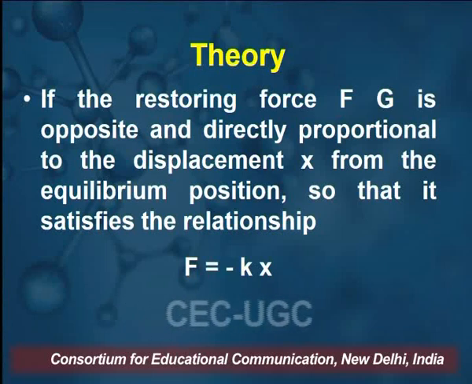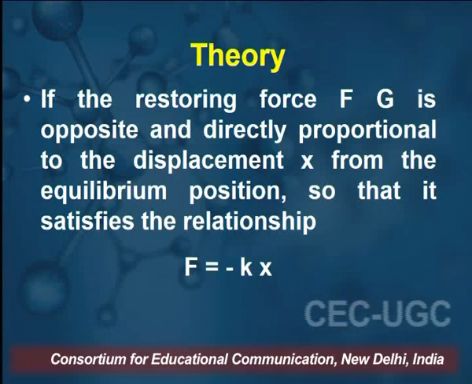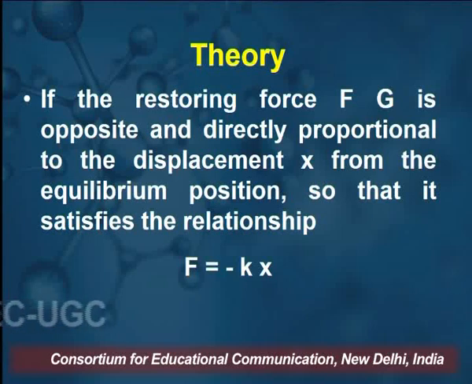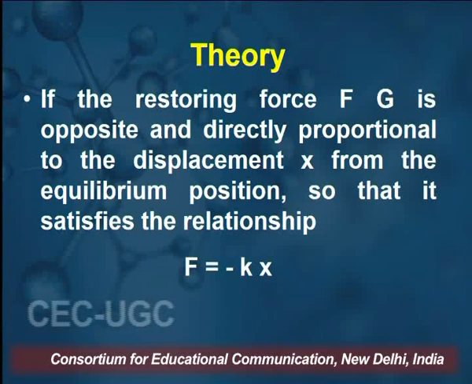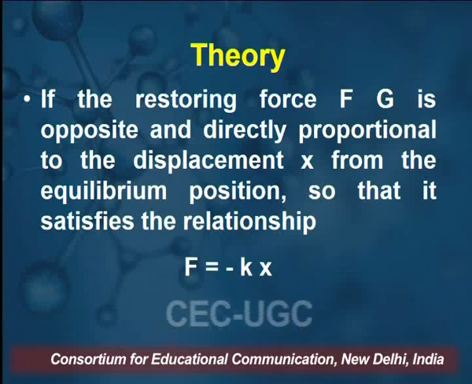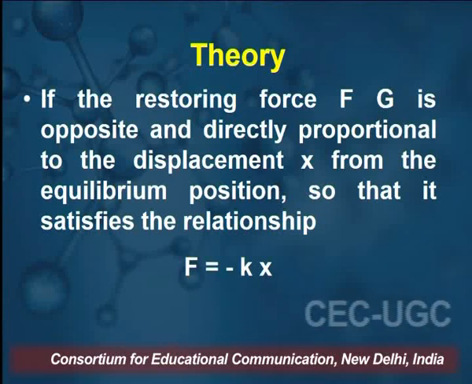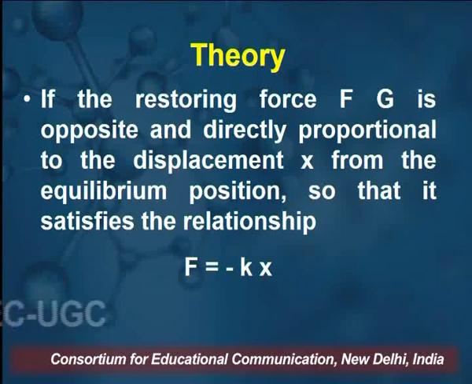It is directly proportional to the displacement x, so the proportionality is replaced by k, and it is opposite, so we take minus. So the restoring force is opposite and directly proportional to the displacement of the pendulum from its equilibrium position. That's why F is equal to minus kx.